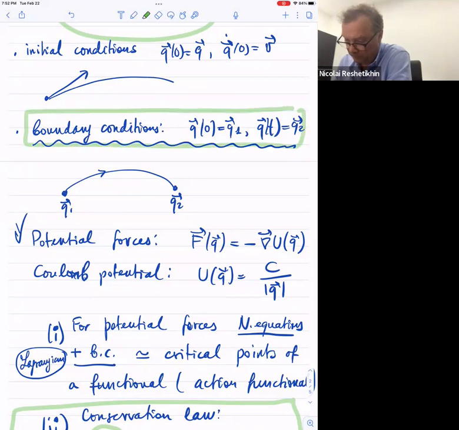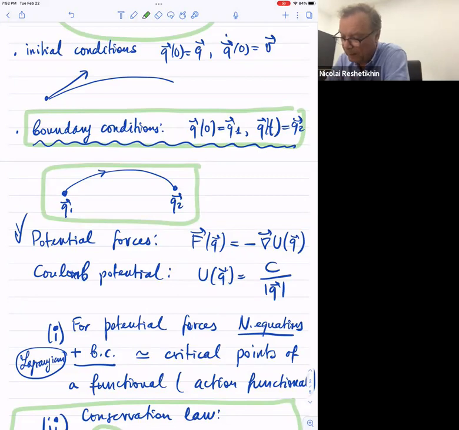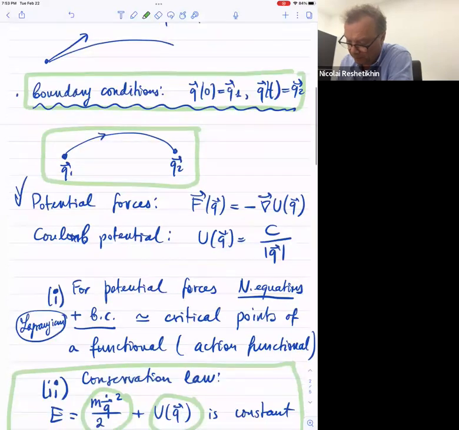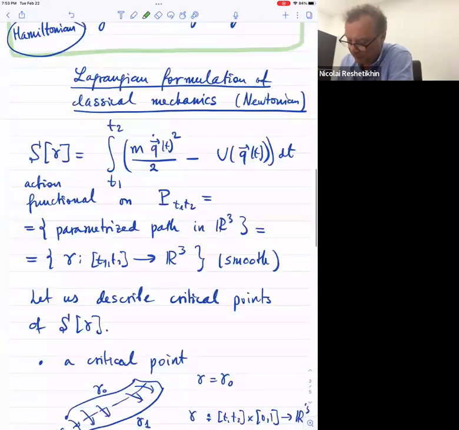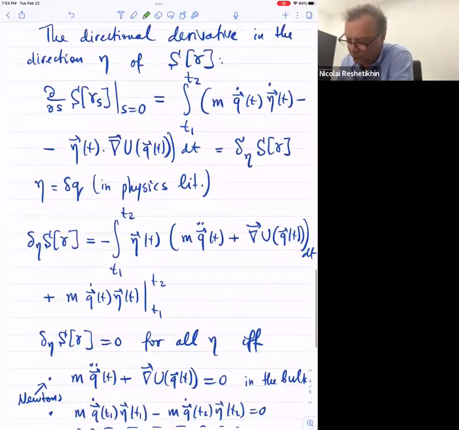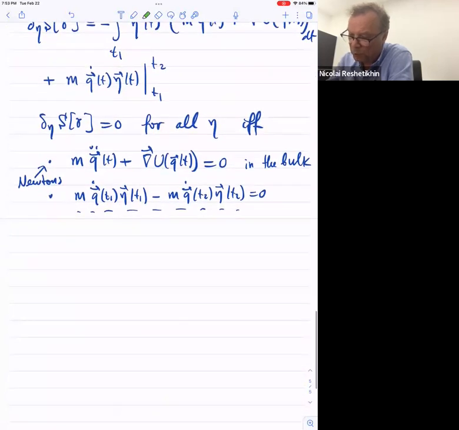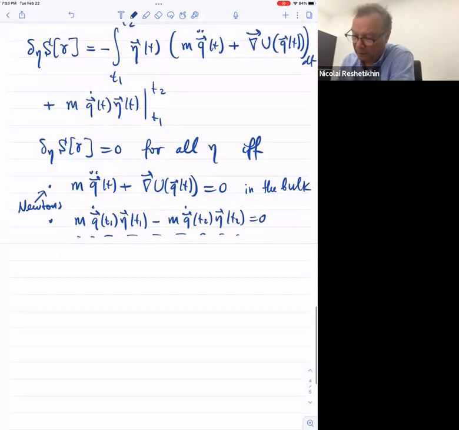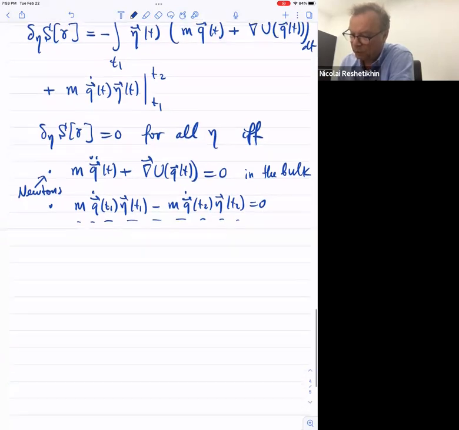Remember, we want to impose boundary conditions in order to fix the solution. So let's see that there is a bijection between solutions to Newton's equations with boundary conditions q1 and q2, and the critical points of the action function with the same boundary constraint.